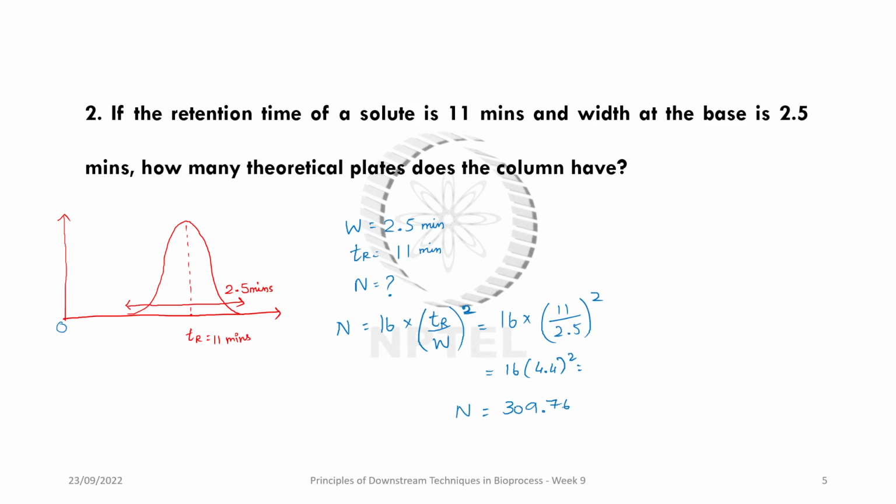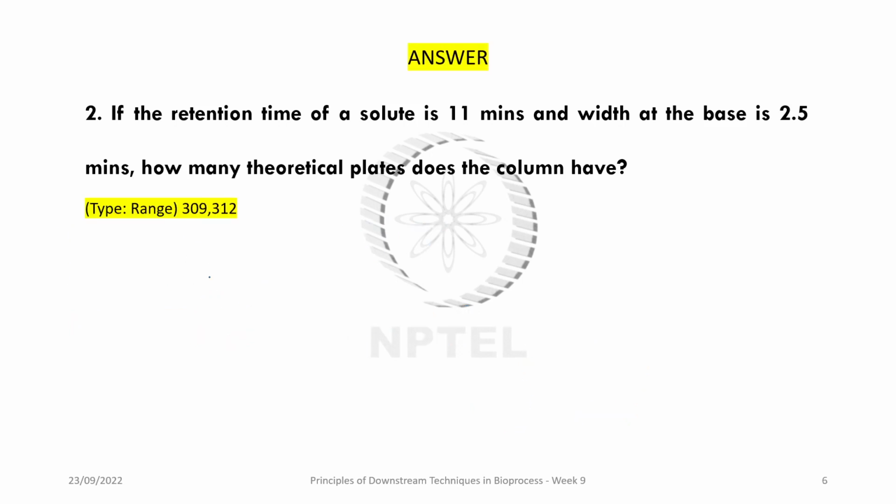I mean, you generally go for the theoretical plates. Of course, you cannot round this off to 310. We can, of course, round this off to 309 theoretical plates. Okay, so the answer that we got was 309.76.